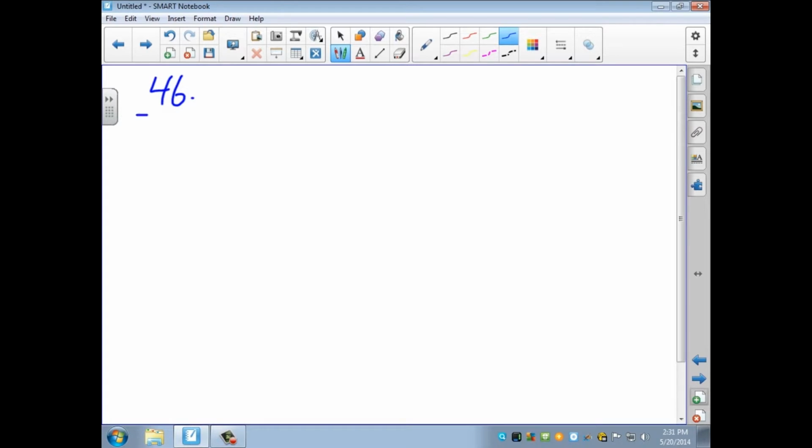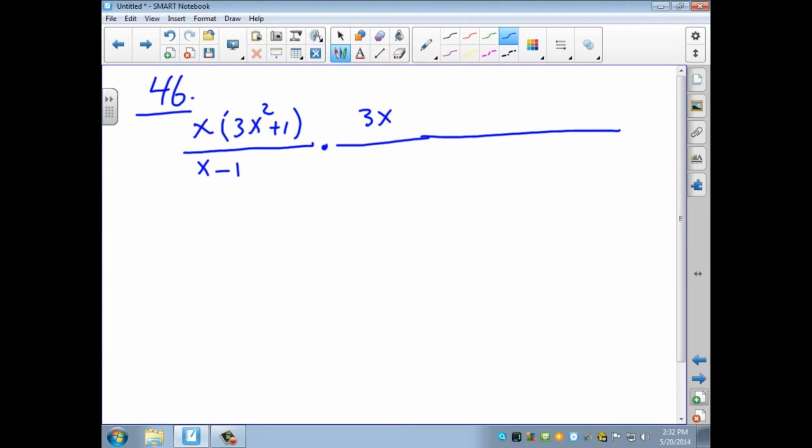It is x times 3h squared plus 1 divided by h minus 1, multiplied by a long line, 3h squared minus 3h to the third, minus 5h squared plus x divided by x times x minus 1 times 3h squared plus 1 to the 1/2.